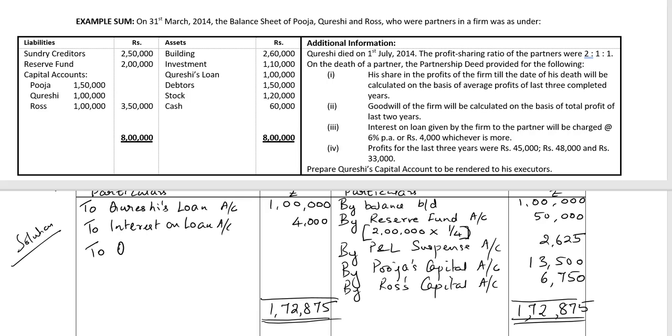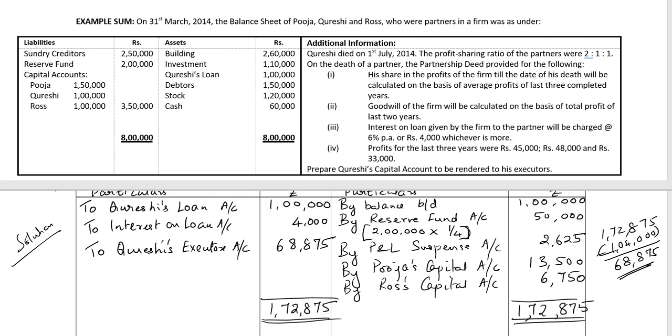The balancing figure will be transferred to Qureshi's executor's account. So the total of the credit side, 1,72,875 rupees, minus 1,04,000 rupees, which is the total of the debit side, gives us 68,875 rupees. So the amount which is transferred to Qureshi's executor's account is 68,875 rupees.